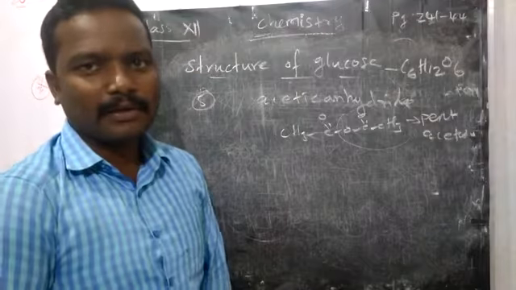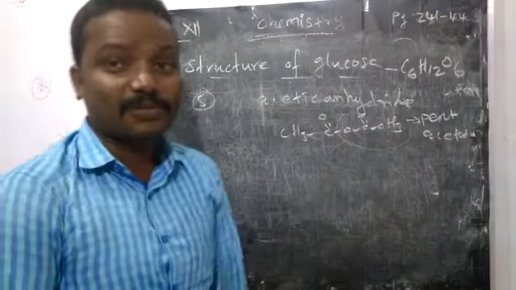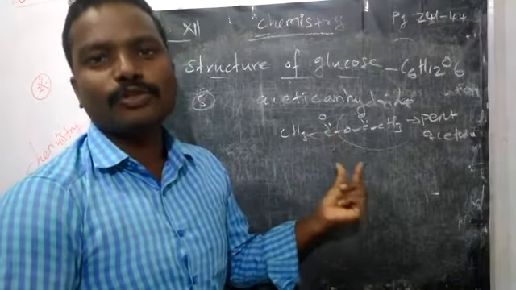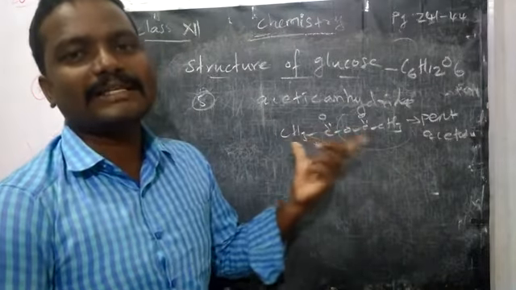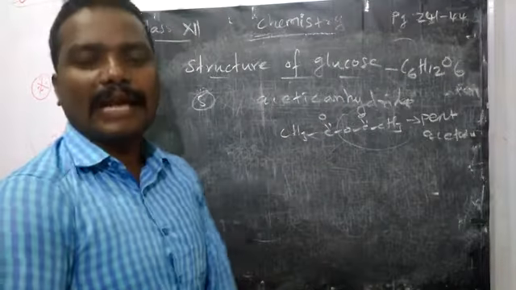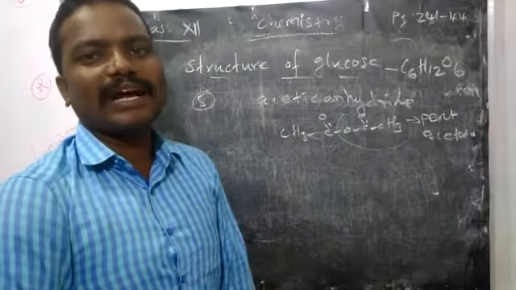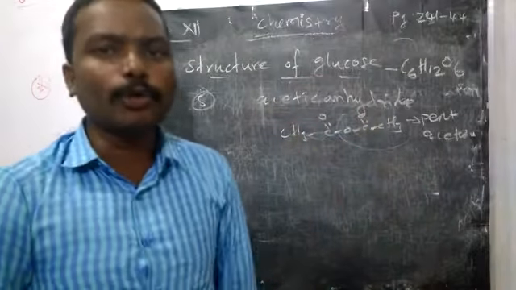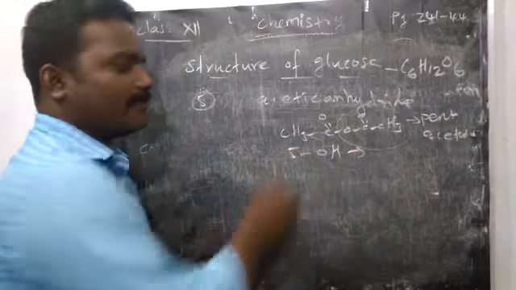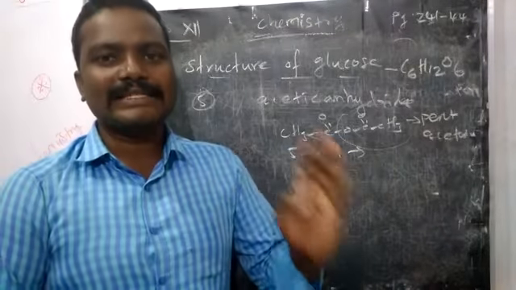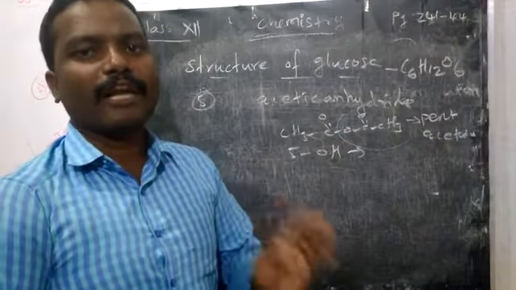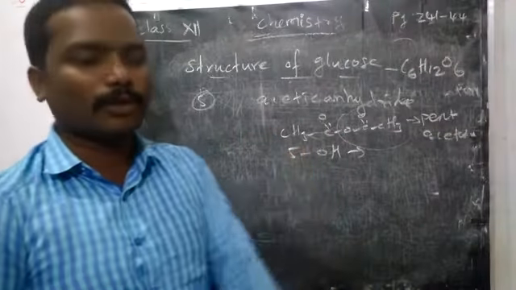Penta means 5, right? Familiarly we know that an OH group may be substituted with the acetyl group. So from this test we can confirm that glucose has 5 OH groups. Again, 5 OH groups are confirmed from this test.